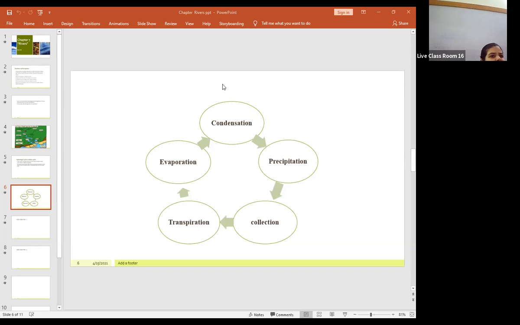The hydrologic cycle begins with precipitation. This is a process where water droplets from the clouds fall down to earth as either rain or snow. The rain that falls to the ground flows along the ground as surface runoff into streams and rivers. When water reaches the Earth's surface, evaporation occurs.